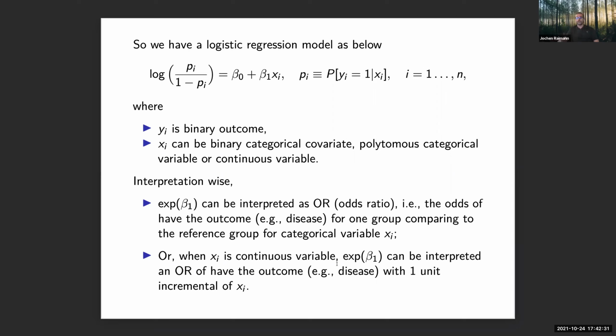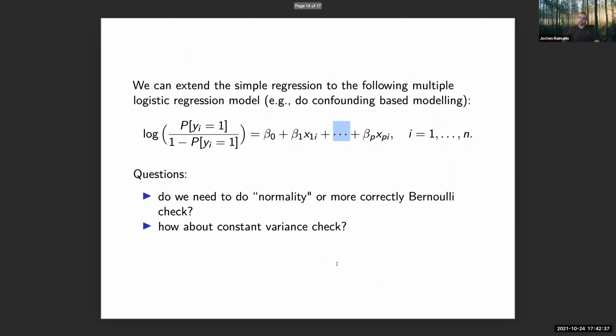You will hear all else being equal. And this is how you can interpret it. If you want to have the overall odds ratio of one individual, you can do it in the same fashion as we did it for the linear regression. You can use each of the covariates and the intercept, and you can calculate the odds ratio for one individual.